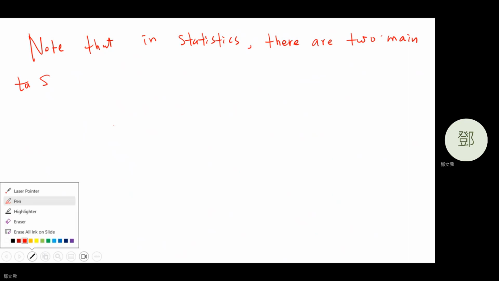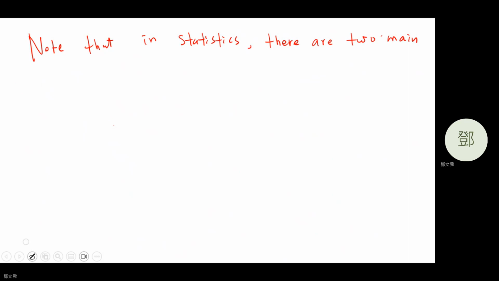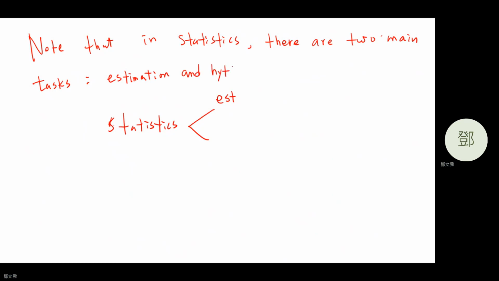Note that in statistics, there are two main topics: estimation and hypothesis testing.